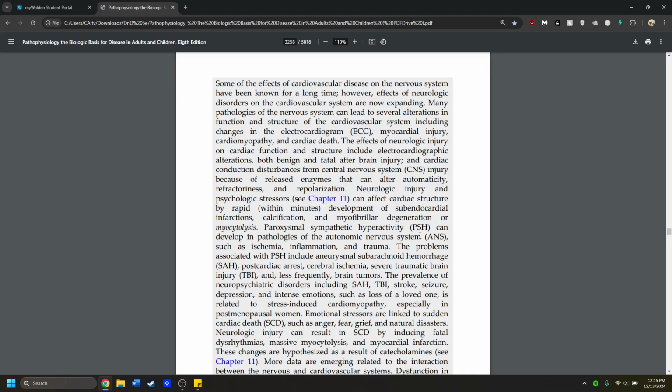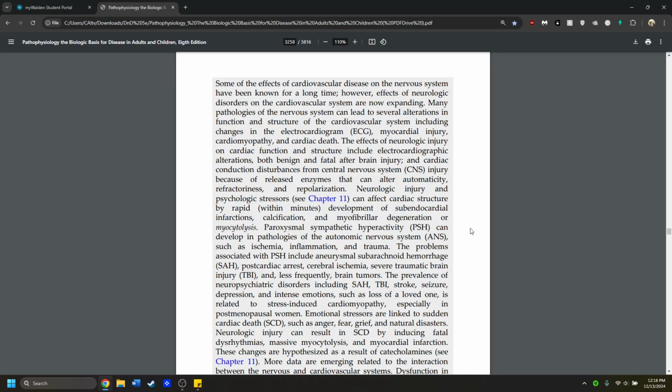The effects of neurologic injury on cardiac function and structure include electrocardiographic alterations, both benign and fatal after brain injury, and cardiac conduction disturbances from central nervous system or CNS injury, because released enzymes can alter automaticity, refractoriness, and repolarization.